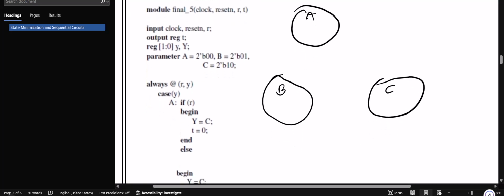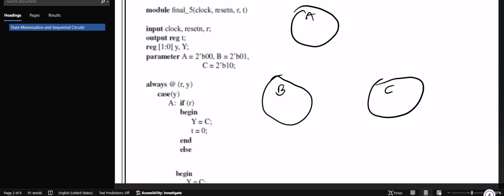Okay, now I look at my code. It says A, if R. So if R is 1 and I'm in state A, then my next state is C and my output is 0.